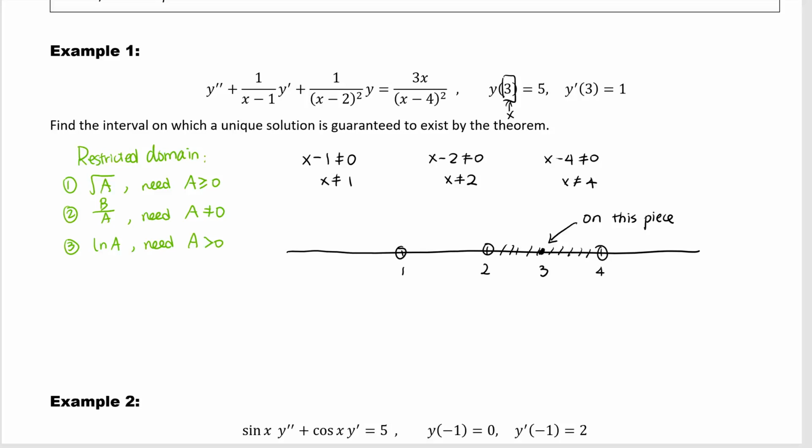That is why, to find the interval on which a unique solution is guaranteed to exist by the theorem, we know that a unique solution exists on this piece, 2 to 4, by the theorem. That is example 1.